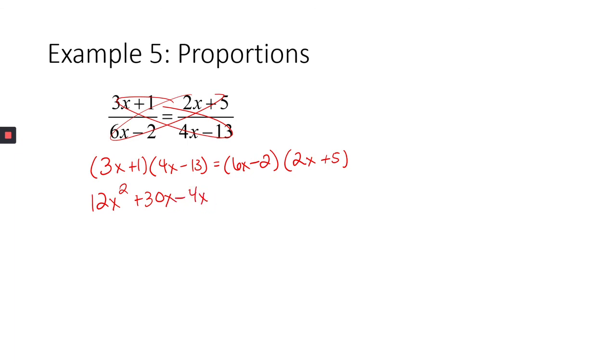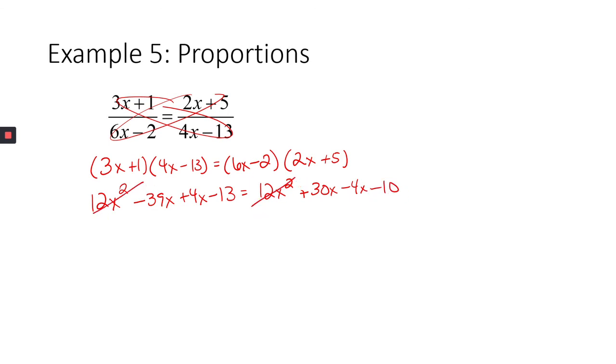Oh, sorry, that's not correct. I switched the order here. And then we'll FOIL on the other side. I see a 12x squared.